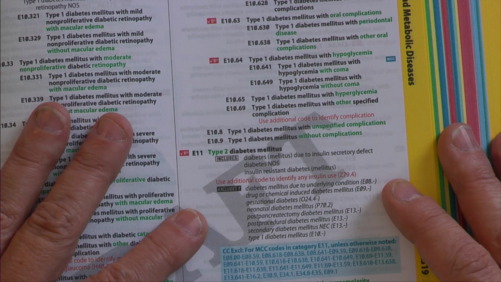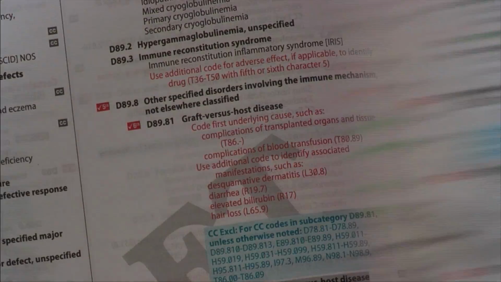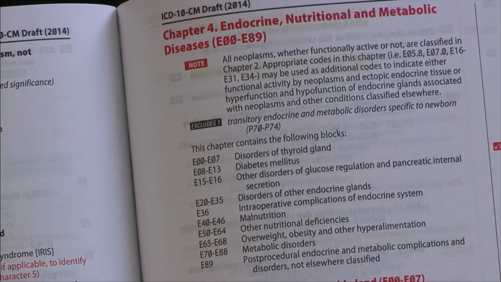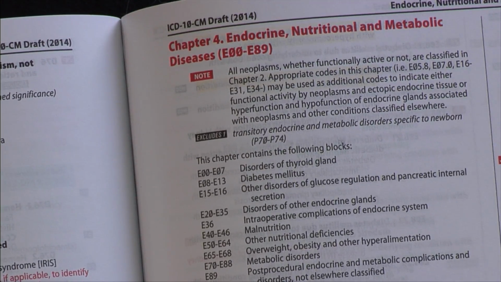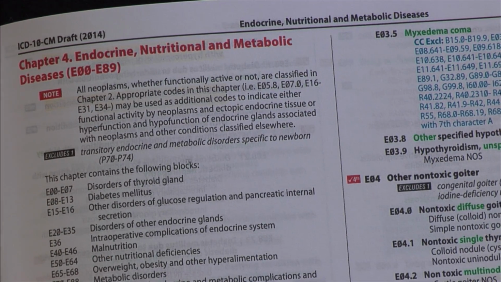And in parentheses, it shows Z79.4. So I know I need to code the long-term use of insulin for this patient. I also want to go to the beginning of the E section and see if there's any instructional notes there. And there are no instructional notes that apply to diabetes. The only instructional note applies to neoplasms, which this patient does not have.